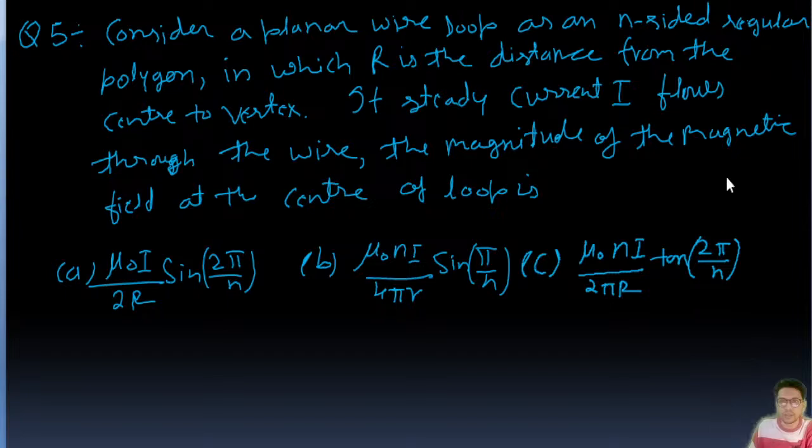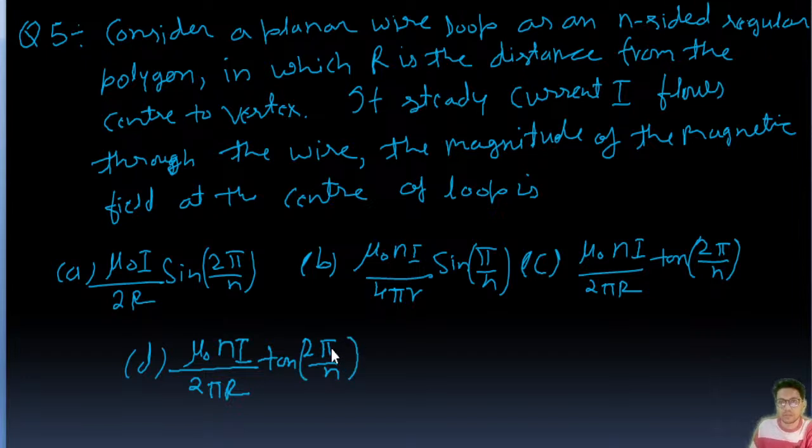And option D is mu 0 nI upon 2 pi r tan pi upon n.